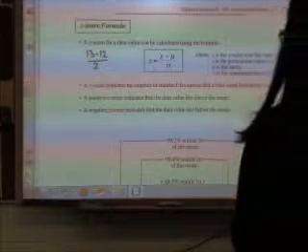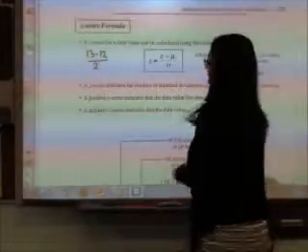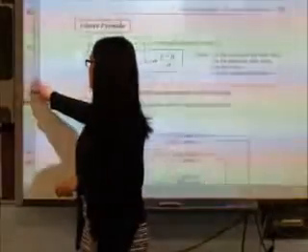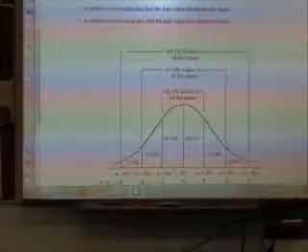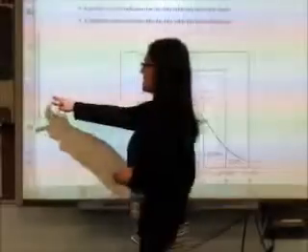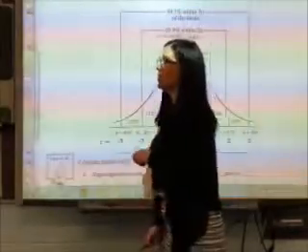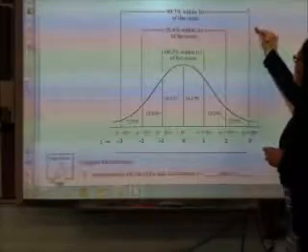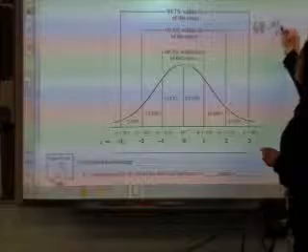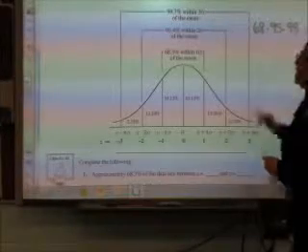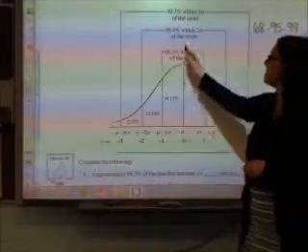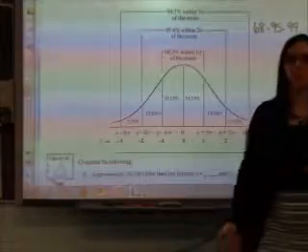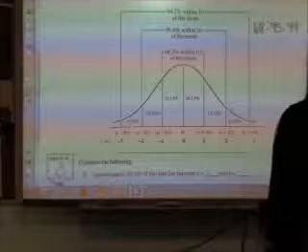So I think I'm going to do one more part, and then we'll call it the end of this part. In this table, there's a rule that is sometimes referred to as the 68, 95, 99 rule. 68% of the data is within 1, 95 within 2, and approximately 99 within 3.